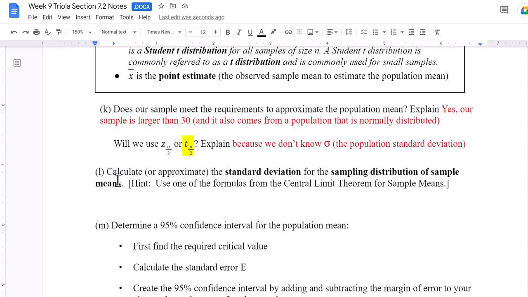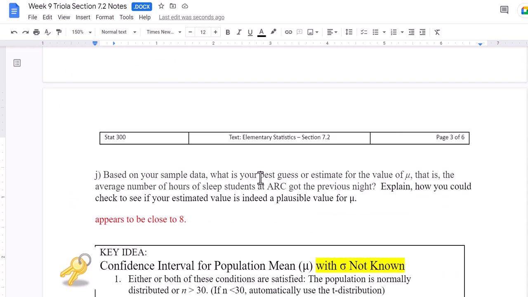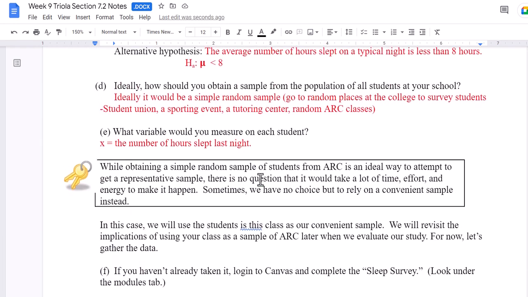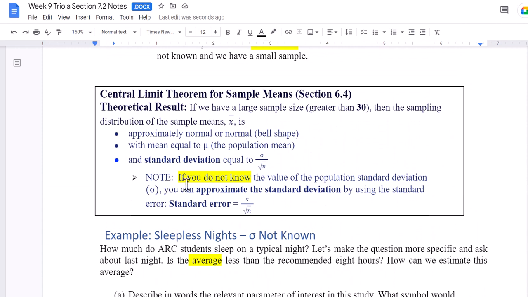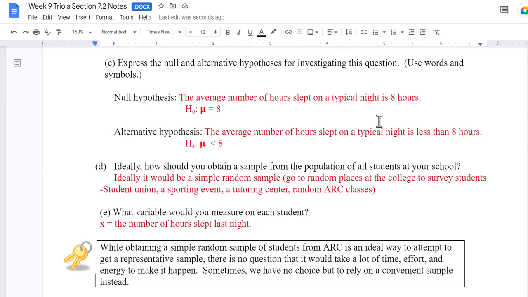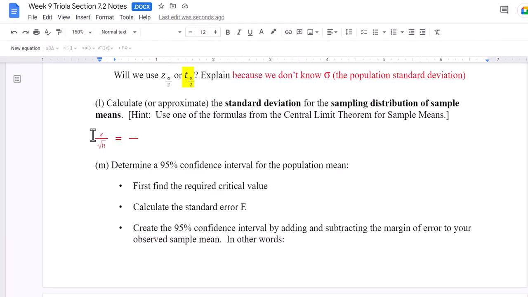So now part L, calculate or approximate the standard deviation for the sampling distribution of our means. We're going to use the formula from the central limit theorem, which is in this box over here. Because we don't know sigma, we're going to use s over root n as the standard deviation. So we need to find s over the square root of n.